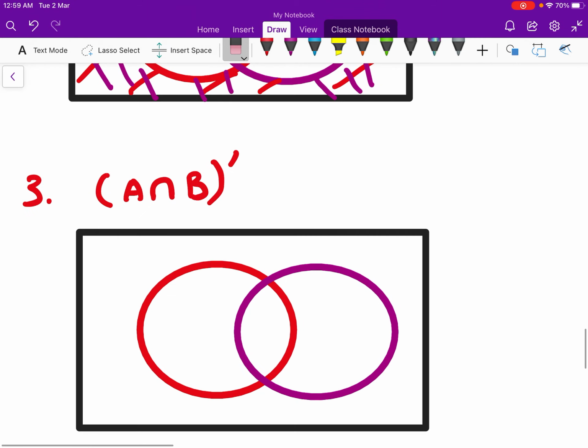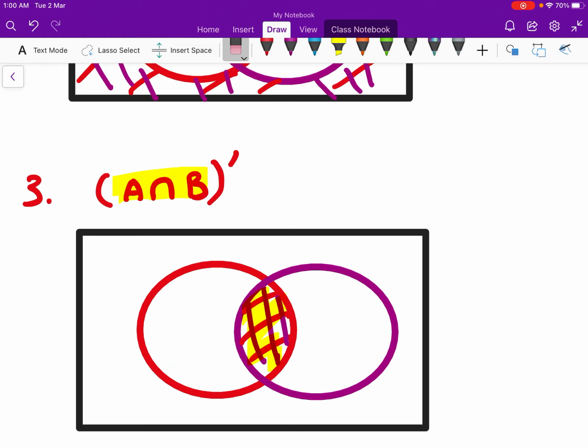Number 3 is also a very interesting example. Bracket A intersect B, bracket complement. Whenever I have bracket, I do the things inside the bracket first. A intersect B is just this portion. Then complement: I want anything that is not shaded here, so I don't want this portion anymore.